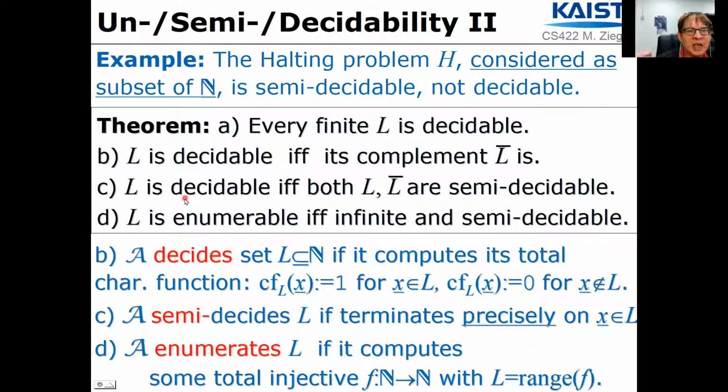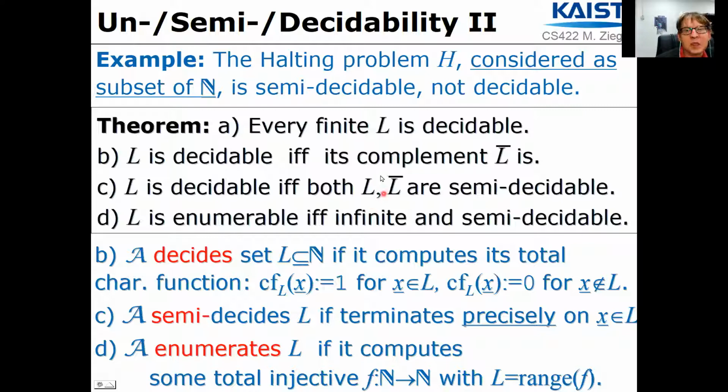Why does it decide? Well, let's analyze this algorithm on some given input X. And remember that the algorithm will alternatingly simulate one step of the algorithm semi-deciding this, one step semi-deciding this, one step semi-deciding this, and so on. And precisely one of the two simulations will terminate. Let me say it again.